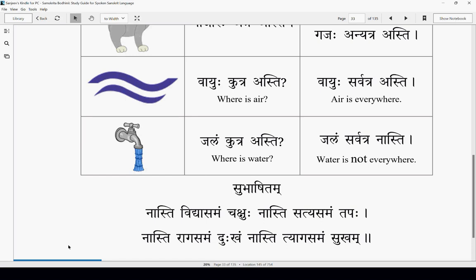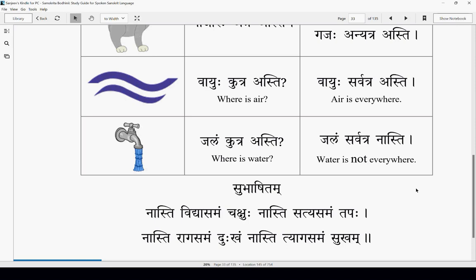So, do you want to read this in one breath? Because this is a shloka. I'll try. The breath has to be only where there is a line. Nasti vidya samam chakshu, nasti satya samam tapaha, nasti raga samam dukkham, nasti tyaga samam sukham.